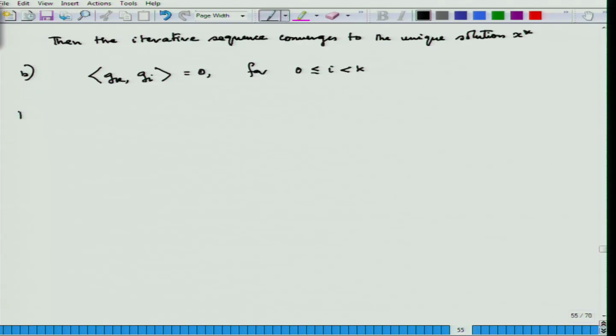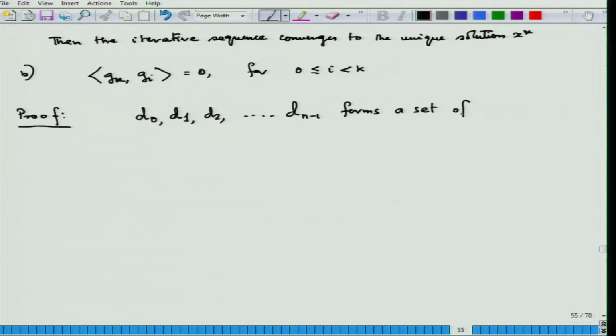That is, if we start to prove this, a proof methodology would first show that d0, d1, d2, and so on up to dn minus 1 form a set of conjugate directions. And once I know that these are conjugate directions, then it is the same as what we had discussed before.